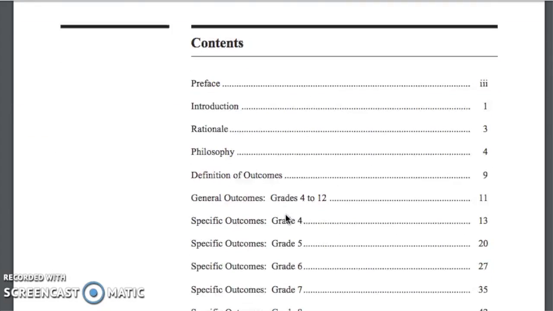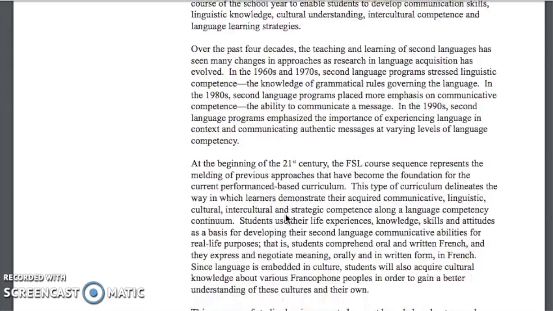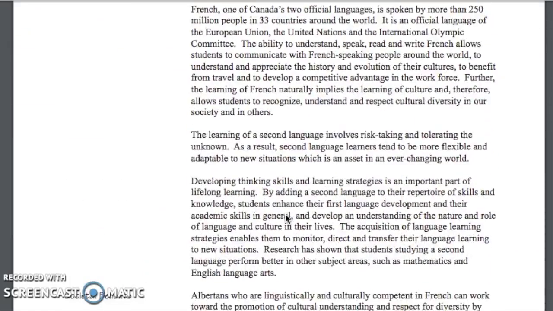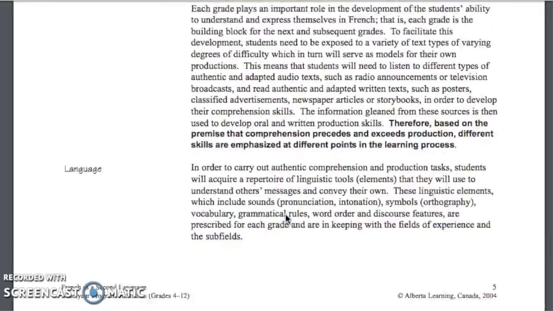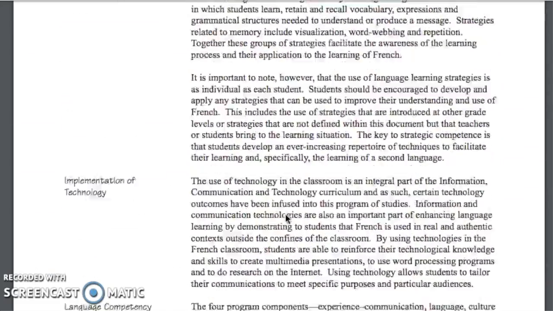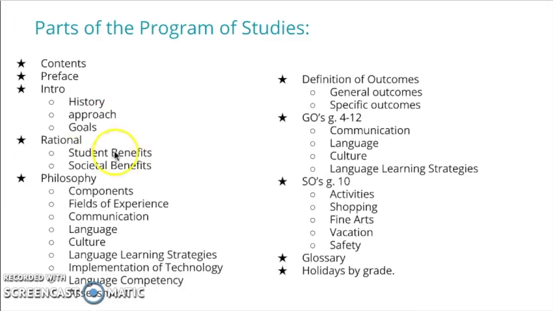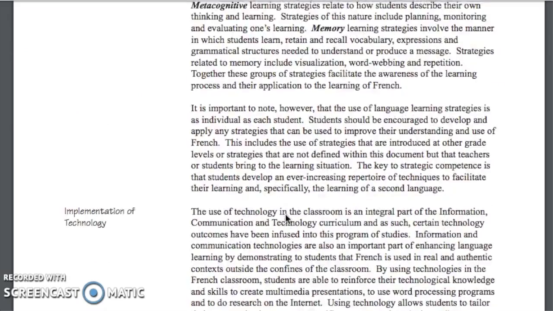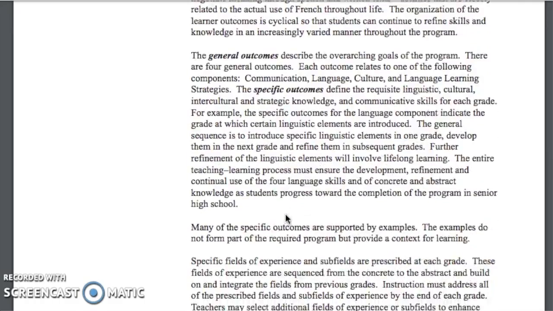So the parts of the program of studies are the contents, a preface, an intro, which includes the history of language learning, our current approach to it right now, and the goals set out. Then we go to rationale, which includes student benefits and societal benefits. We have philosophy, which has all these different components here, but we'll be going over those more in depth later.